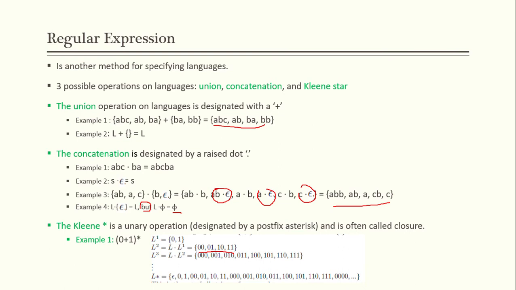If the star is 3, then you get 000, 001, 010, 011, 100, 101, 110, and 111. It can be reproduced until an infinite number, because the star here represents 0 or more.